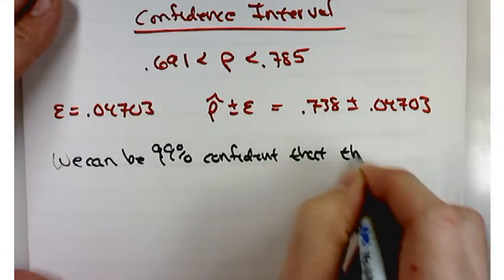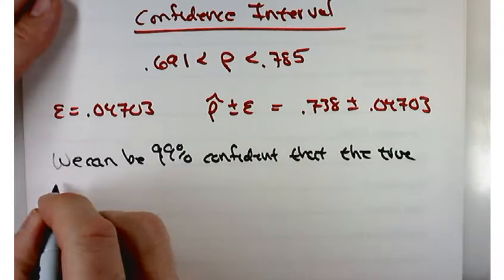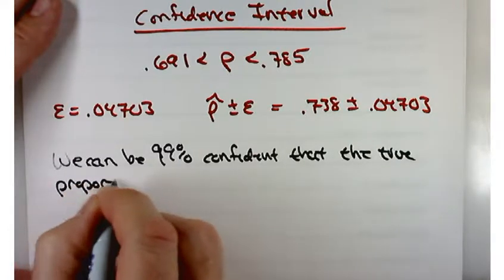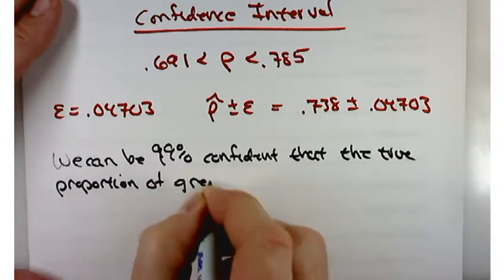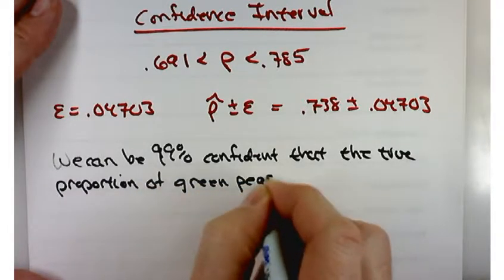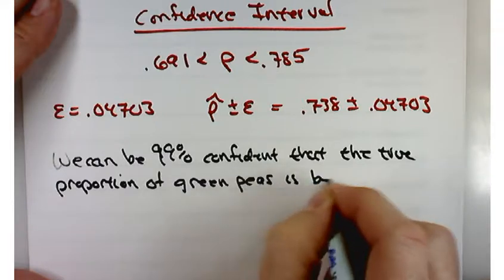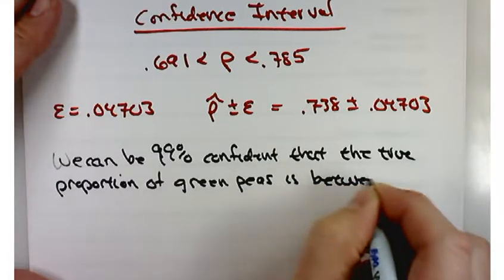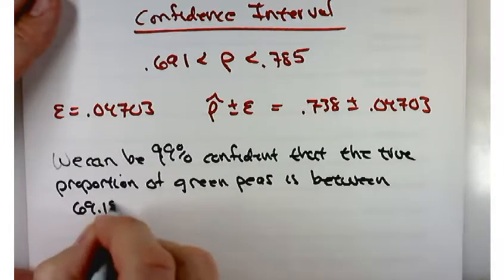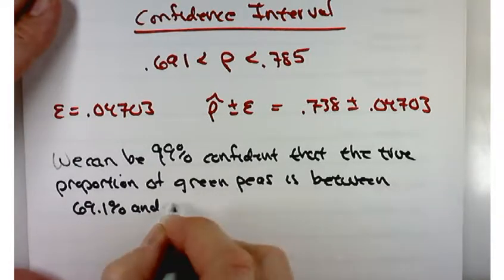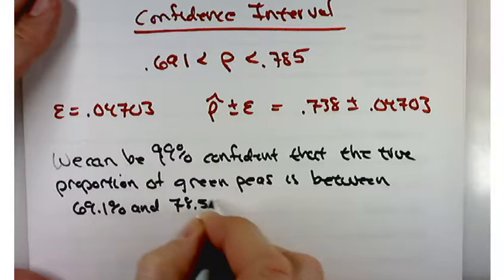that the true proportion of green peas is between 69.1% and 78.5%.